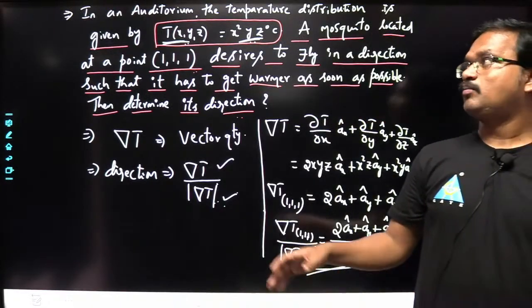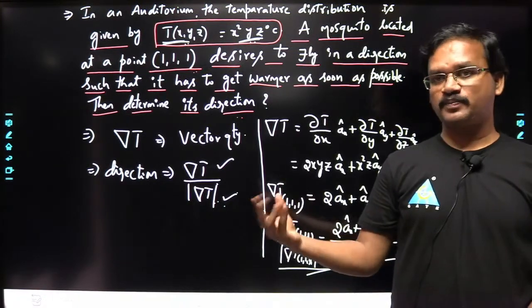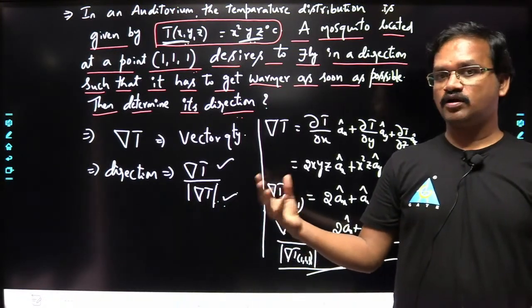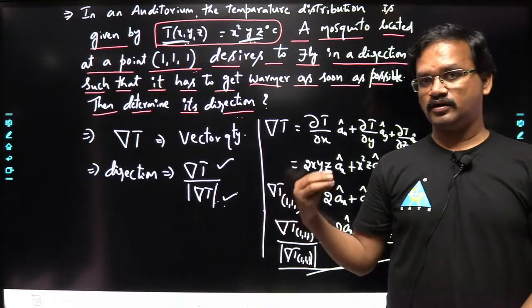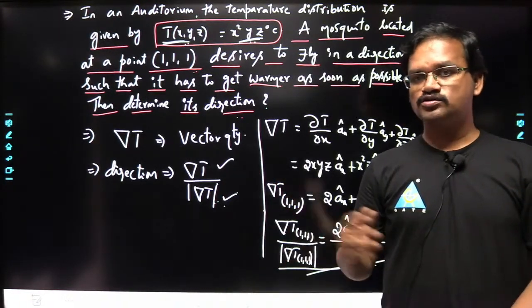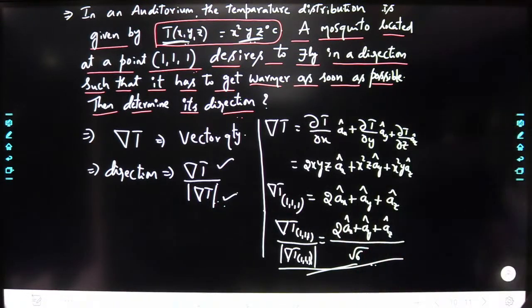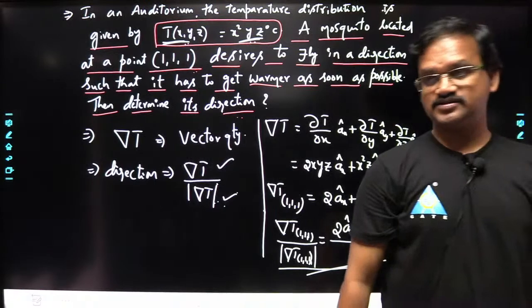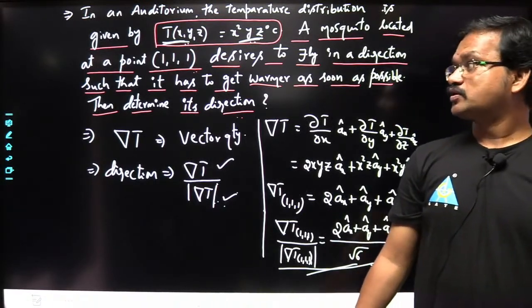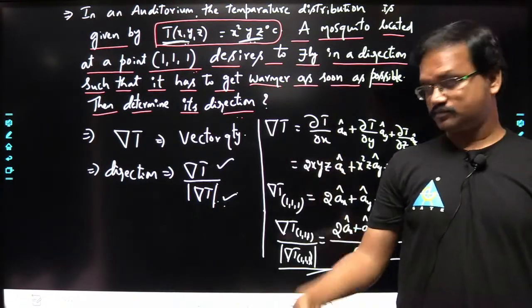We will see some more applications of this gradient operation, and also the requirement of calculating this gradient. Okay, so next lecture will be on del operator only. It will continue here, right?